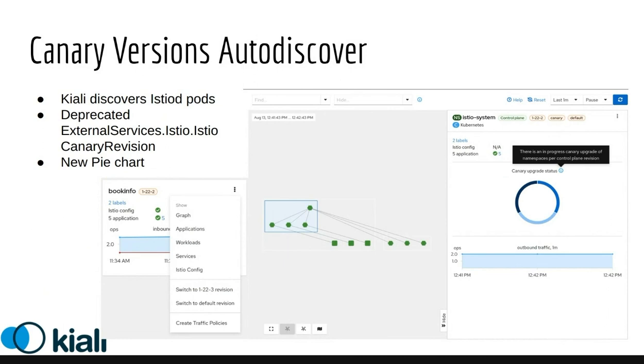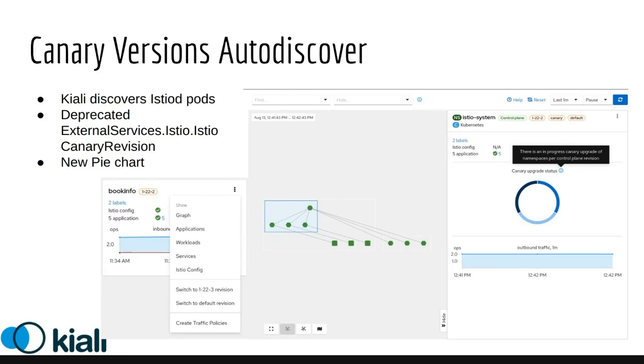Yes, thank you, Josune. Before, Kiali had a configuration to set a canary revision and update the canary upgrades feature in Kiali, and it was able to migrate namespaces from the current version to the canary versions. And now that configuration of canary revision is deprecated.